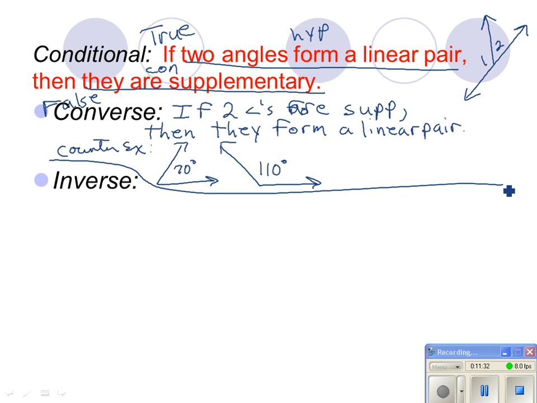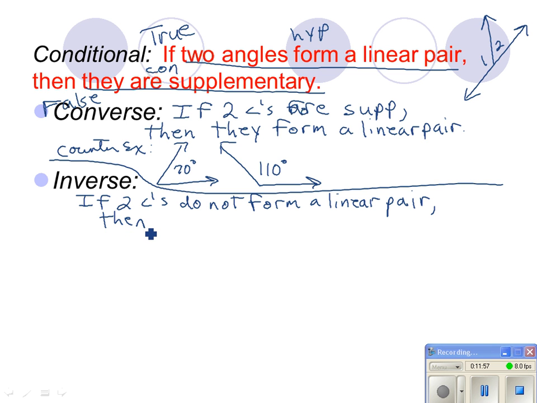So the inverse would be, if two angles do not form a linear pair, then they are not supplementary.